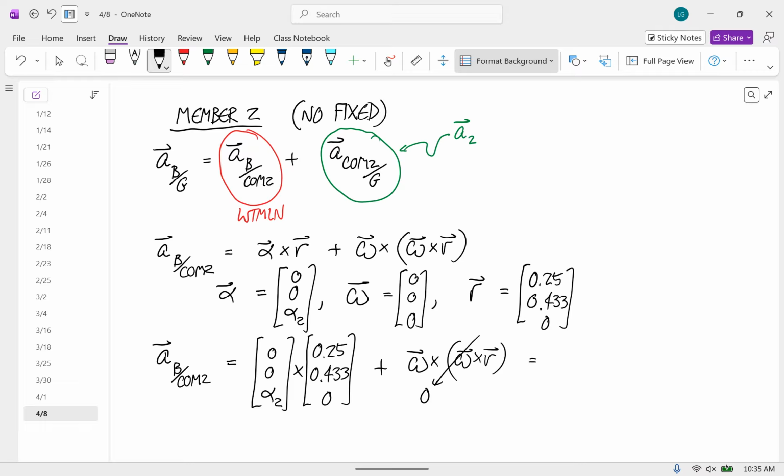And so for an x value, we get negative 0.433 alpha 2. For the y value, we get positive 0.25 alpha 2. And for z, we get 0.